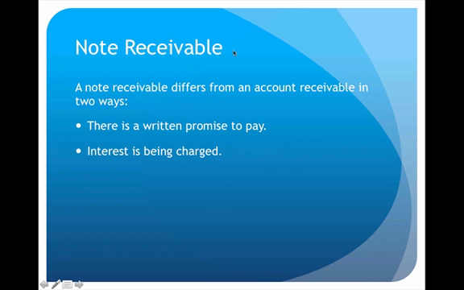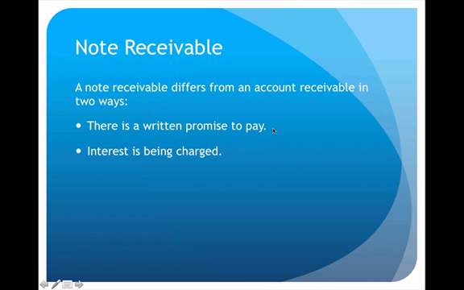But in a note receivable, the situation is a little bit different. There are actually two key differences, and if these two differences are in existence, then we definitely have a note receivable rather than an account receivable. Here are the two conditions that have to be met. First of all, it must be a written promise.